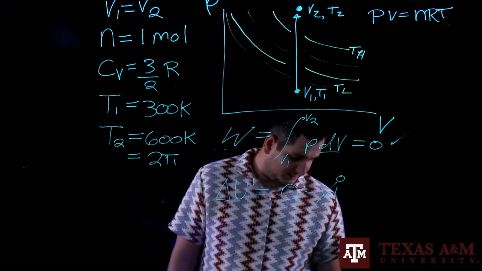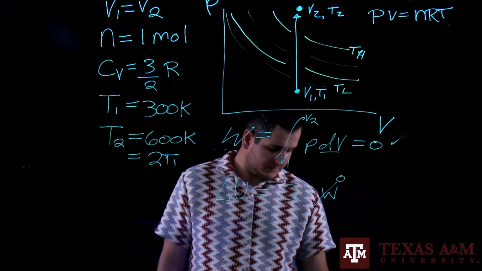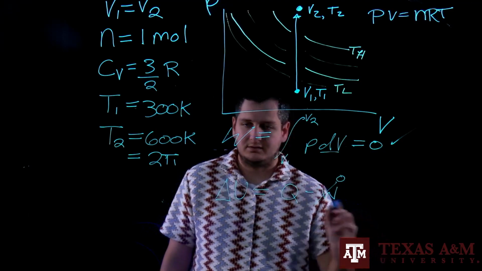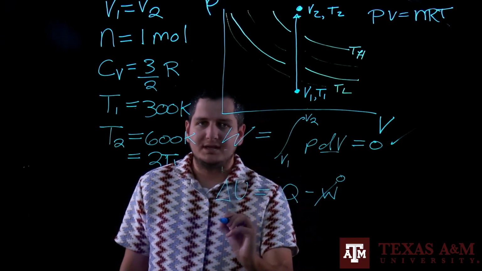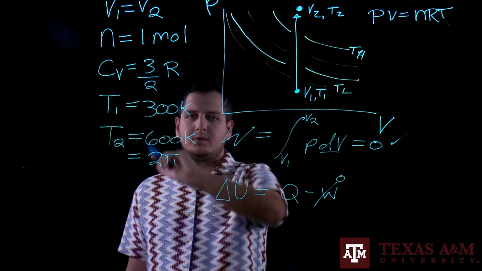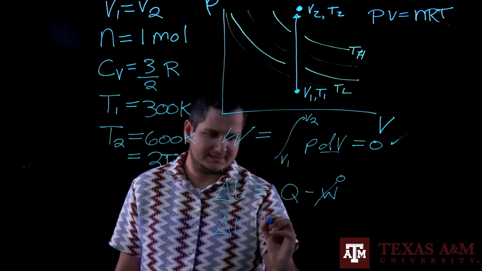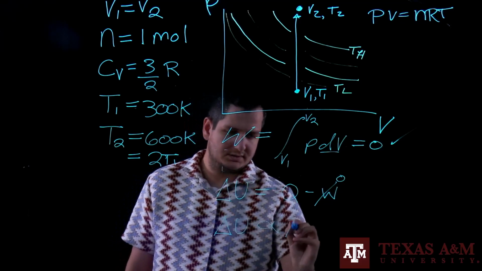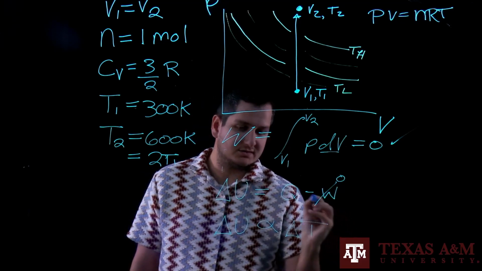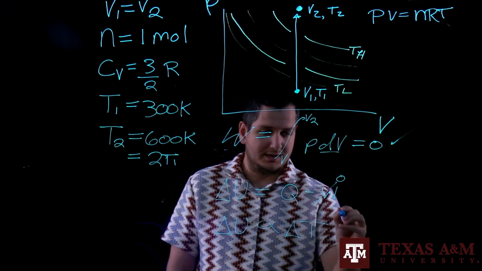Now, what can we do next? We have an ideal gas. So there's one more thing that we can use. Because we have an ideal gas and we have temperature change, which is here, what we can say is dU is somehow proportional to the temperature change, right? And it's only proportional to the temperature change. This is for an ideal gas.